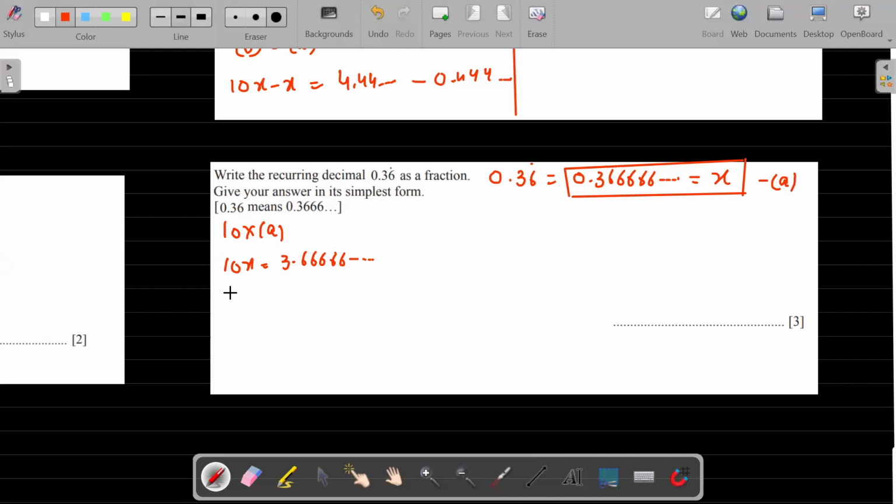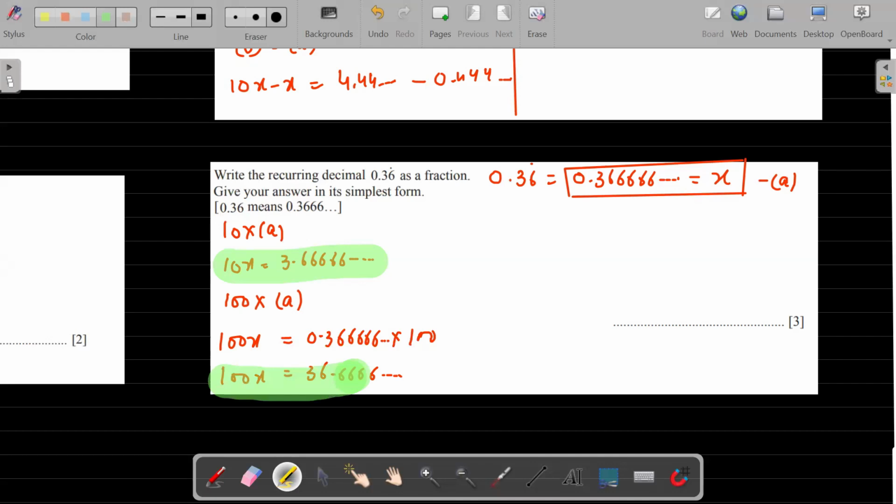Let's multiply the same equation with 100 now. 100 times equation A. It will be 100x equals 0.36666 times 100, and it will be 36.6666 continuous. I'm considering the 10x equation as equation B and this 100x equation as equation C.